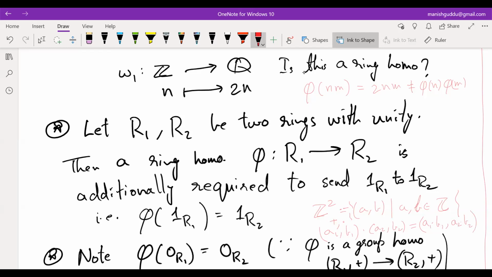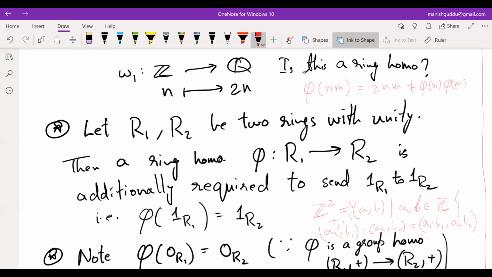So Z2 cross Z2 will be a ring, and this is a ring with unity. So 1 comma 1 is indeed the multiplicative identity.